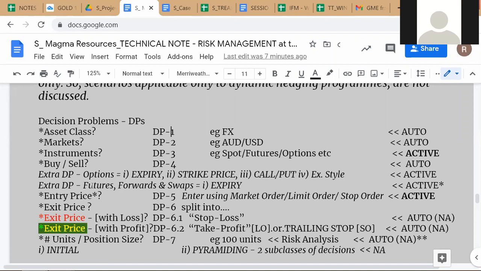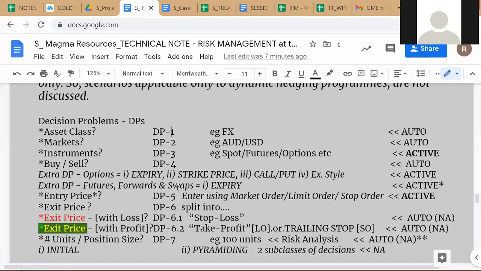So when you're dealing with these kinds of instruments, there are certain additional DPs connected to DP4. The question of buying and selling is not the only question in the context of DP4, especially if you've got options.